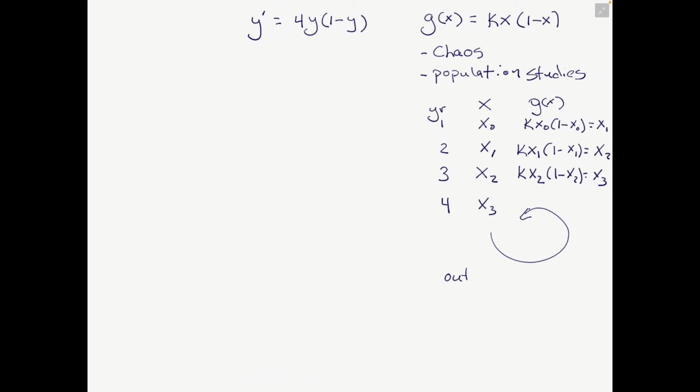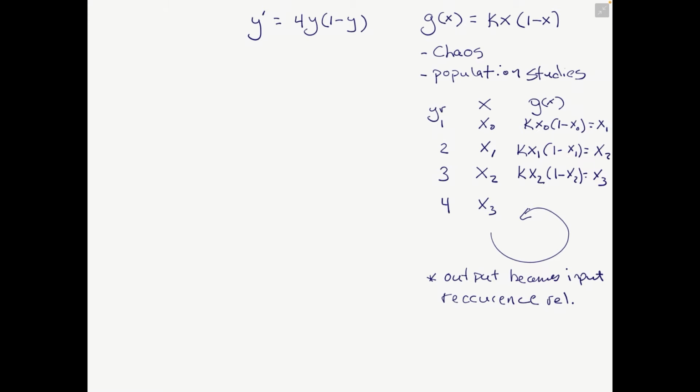So we have this sort of circular relationship where the output becomes the input, and that's called a recurrence relationship. And this has some pretty wild properties when you vary k, the rate constant.